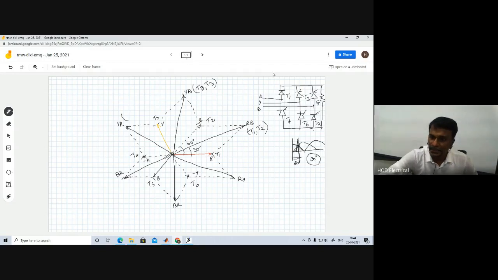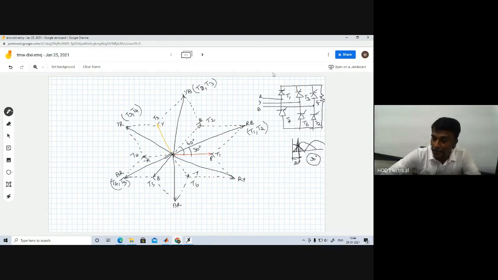Then in this region, YB is nothing but T3 and T4. T3 in the positive arm and T4 in the negative arm will conduct. Similarly, for BR, we have T4, T5. T5 in the positive arm and T4 in the negative arm will conduct.